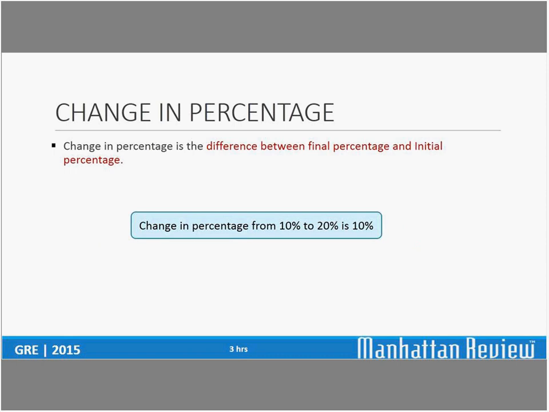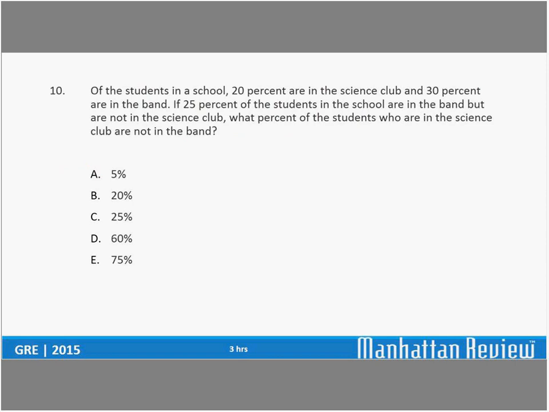Change in percentage is nothing but the difference between the percentages. That's it. Percentage values change, but percentage change is different. Percentage change is the definition. I think you could observe the two differences. Now let us look into a few questions related to this.